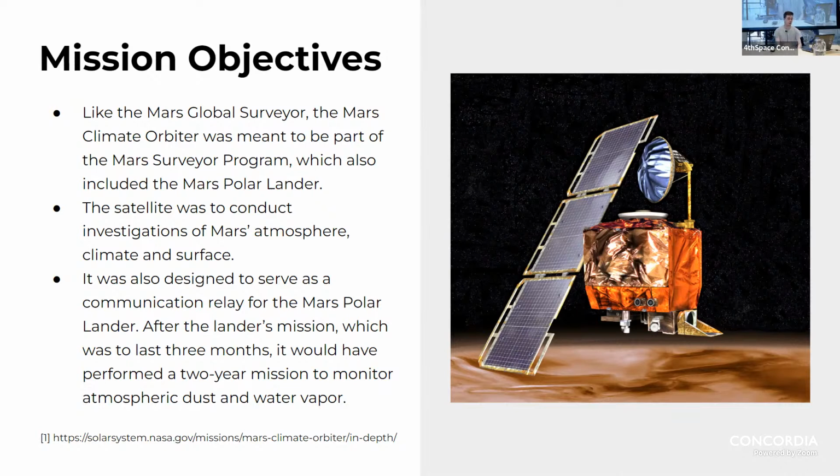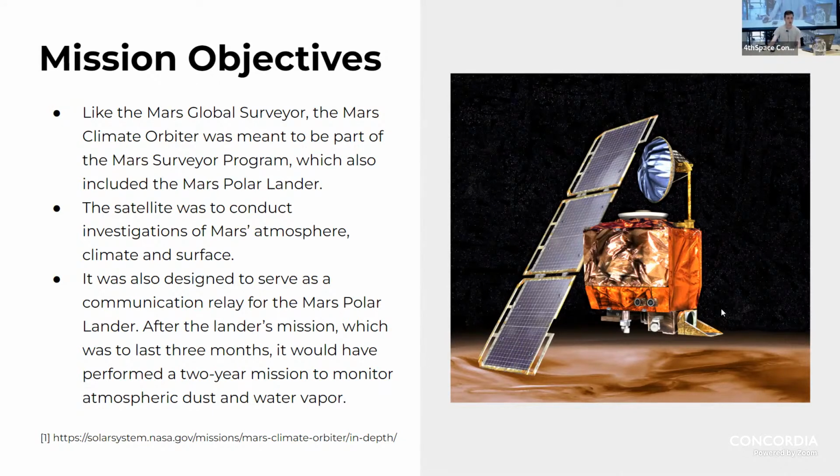The Climate Orbiter was meant to be sent into orbit of Mars, and for the first 3 months of operation serve as a communication relay for the Mars rover. After that, it would conclude a 2-year mission to monitor atmospheric dust and water vapor.